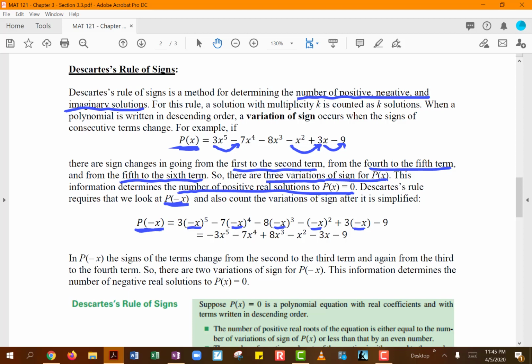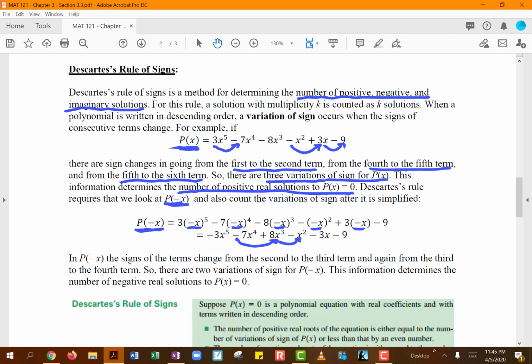And then once you do your calculations, you will see we're going from a negative to a negative term, from the negative 3x to the fifth to negative 7x to the fourth. So no change. Then you're going from negative 7x to the fourth to positive 8x squared. So that's going from negative to positive. So that's one change. Then you're going from positive 8x cubed to negative x squared. So that's positive to negative. So that's a second change.